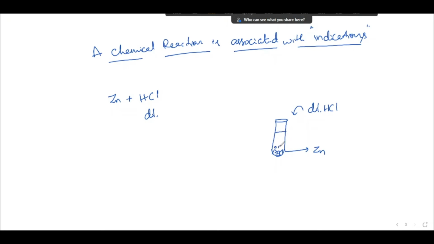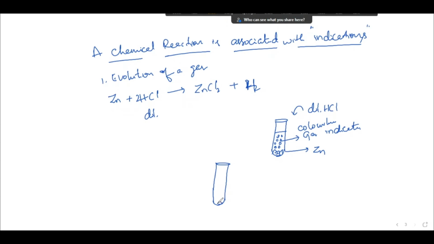You observe some colorless gas is released. So in this case the release of gas indicates there is a reaction taking place. One of the indications is evolution of a gas. In this case you are getting a colorless gas.